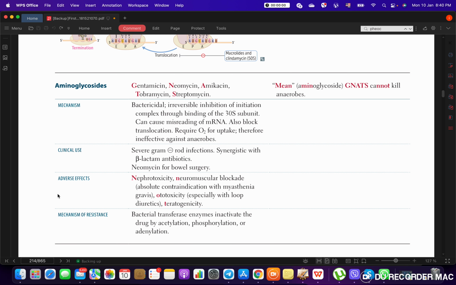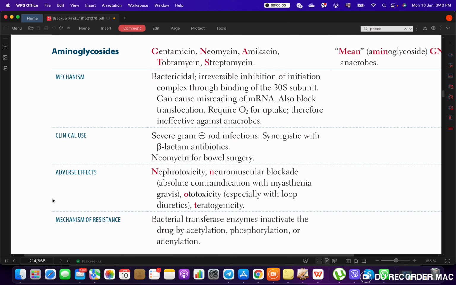And we had one more type of them that was called paromomycin as well. So the adverse effects of the aminoglycoside: as always, any drug that is nephrotoxic, think about ototoxicity as well. This will be super high yield when we do neurology. It leads to neuromuscular blockade, which makes it an absolute contraindication for someone with myasthenia gravis.